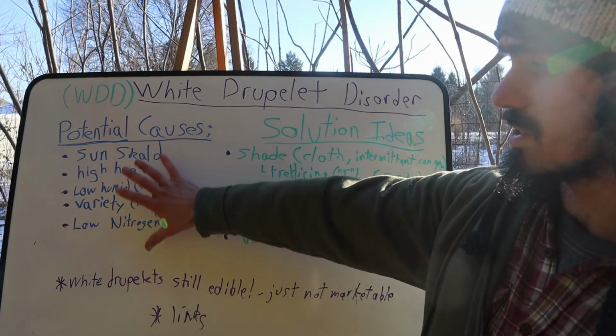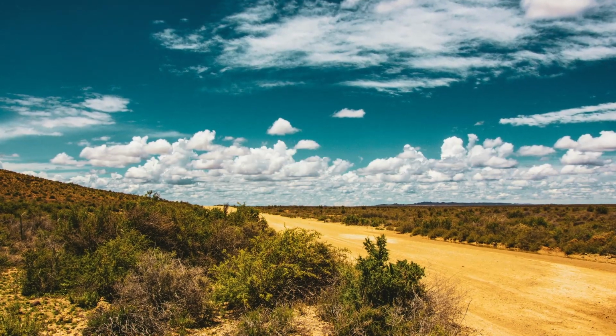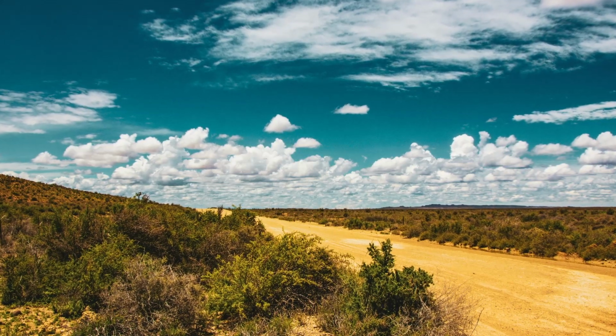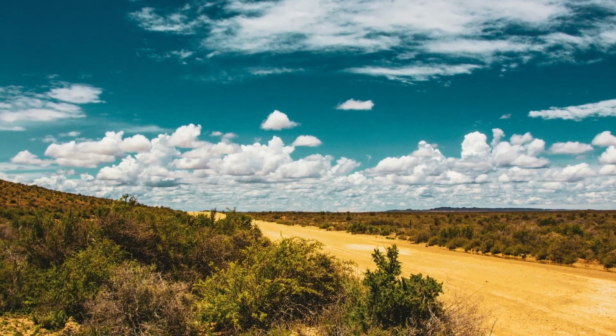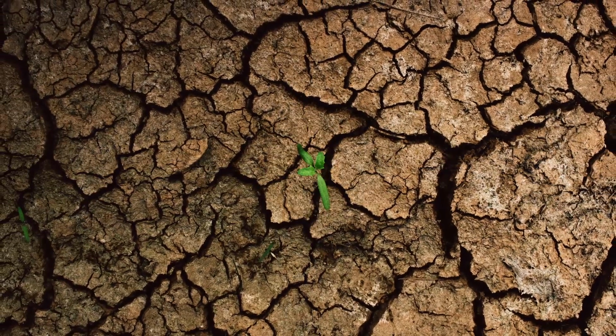Of course, some of these can be combined too, right? Where sun scald might come from too much sun, but it also might be really hot during that time, right? And you might have really low humidity. You might be in a drought, right? And then that would make nitrogen less available, right?